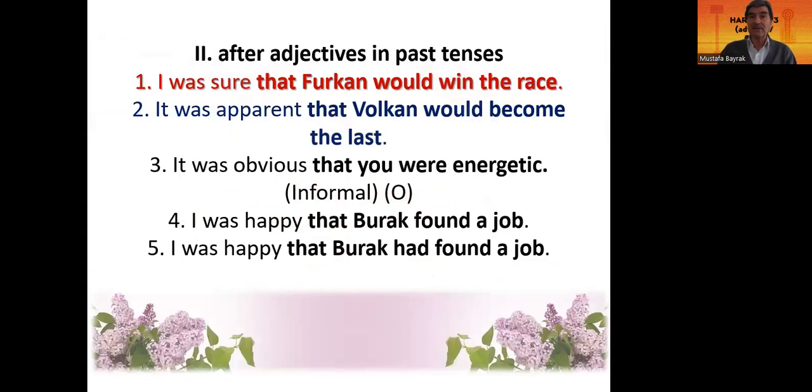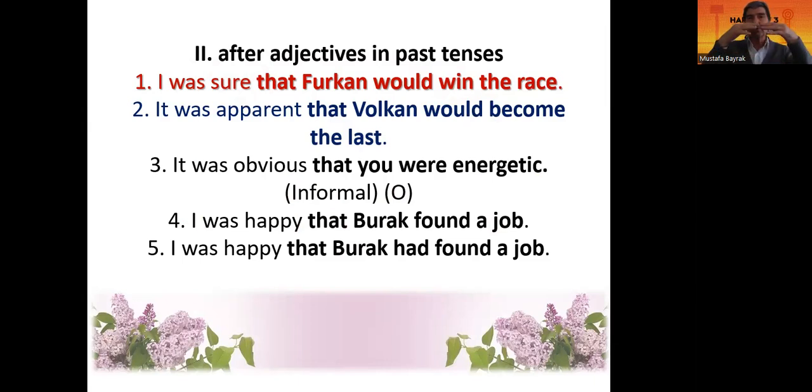Now, after adjectives in past sentences. I was sure, yesterday, last month, in the past, I was sure that Furkan would win the race. There is a harmony of tenses, a cooperation, coordination of tenses.